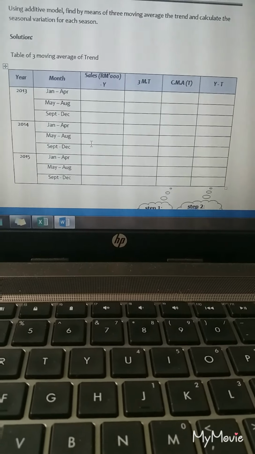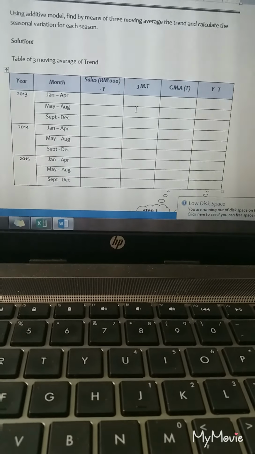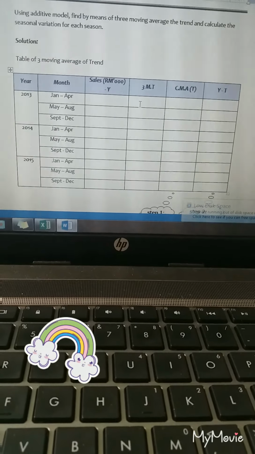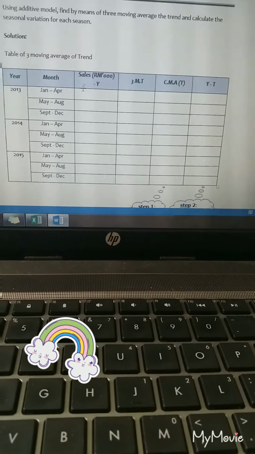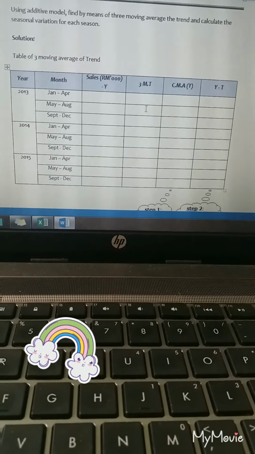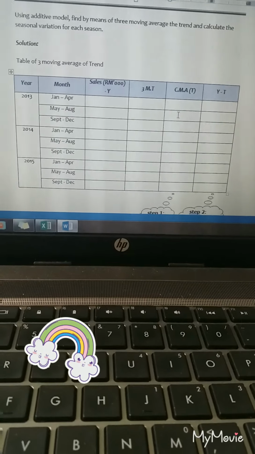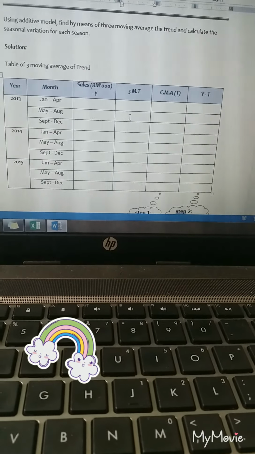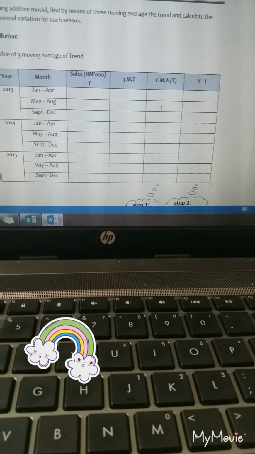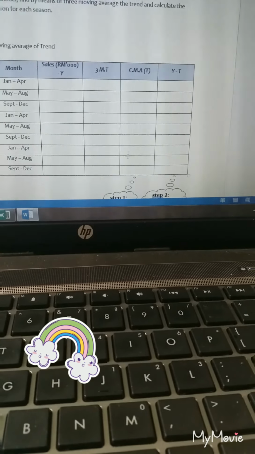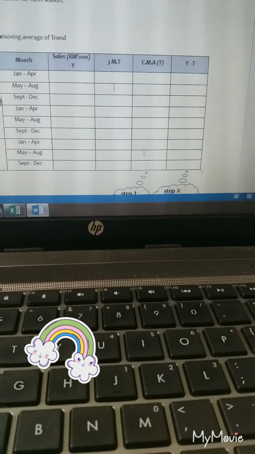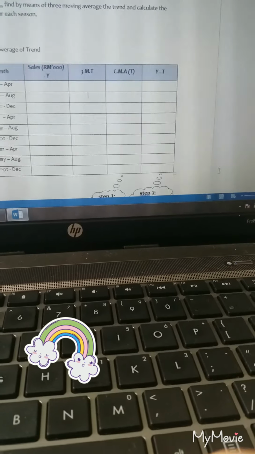So you will be substituting all the values here, and then the next column would be the column of moving total. As usual, because we have 3 moving total, the middle would be at the second row. You proceed doing the moving total, and the trend, of course, because of adding 3 by 3, your total will need to be divided by 3. So the trend value here is going to be your average value as what you have done before.